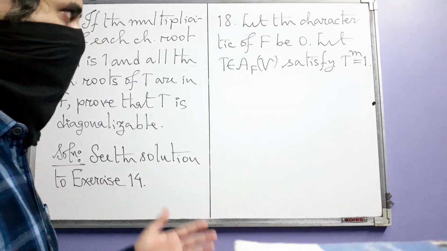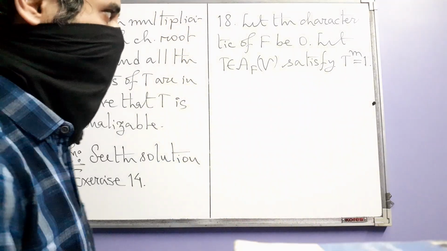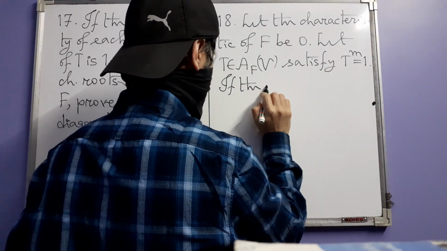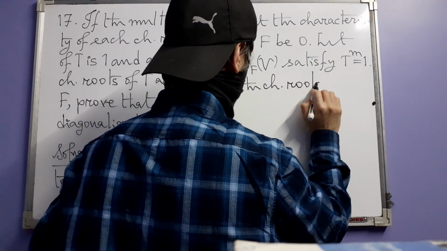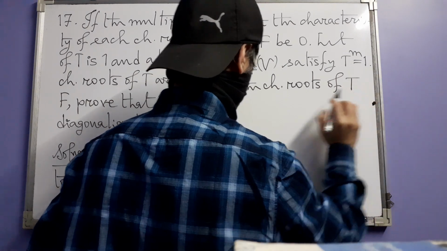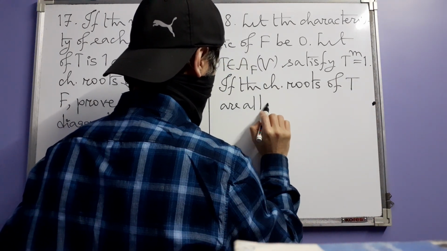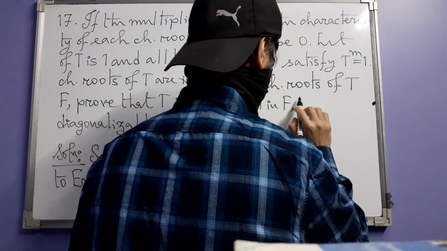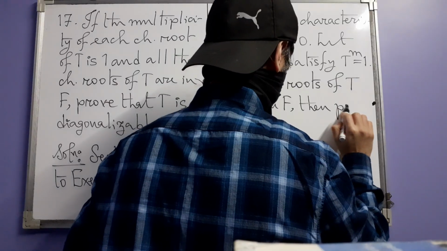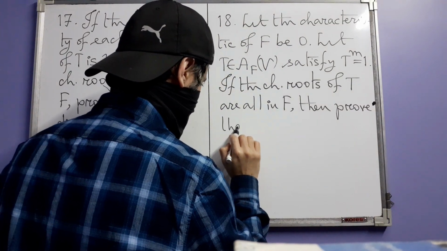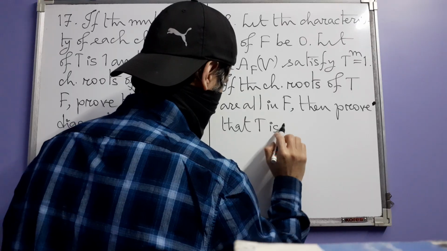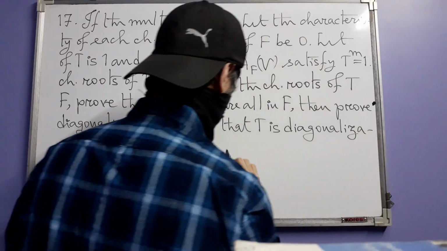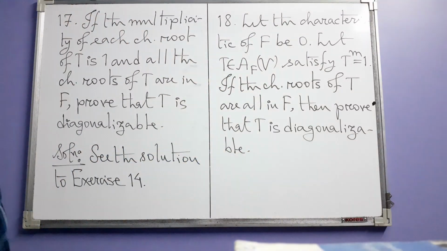Although it is not mentioned explicitly that m is a positive integer, but it is understood. If the characteristic roots of T are all in F, then prove that T is diagonalizable.